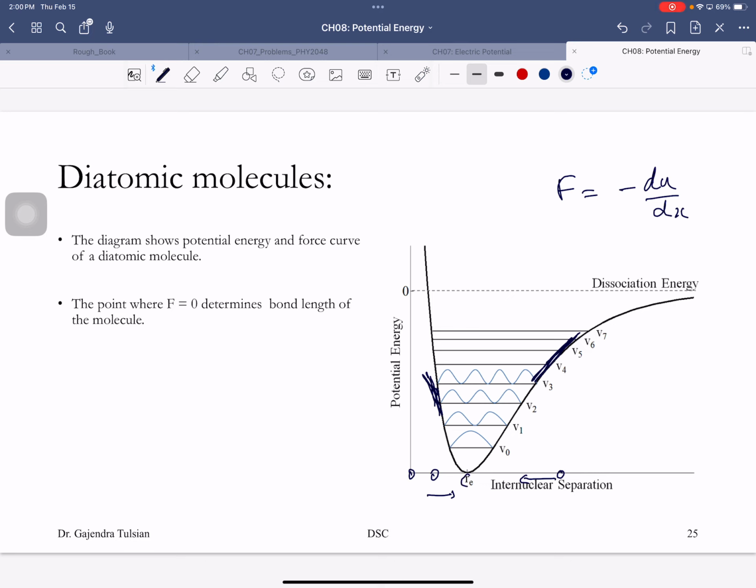When the atoms are this far apart, the force here is 0. Okay? And that's the equilibrium situation. Okay? So classically, that's the equilibrium situation. So there are about 10 to the power of 28 molecules here in this room.